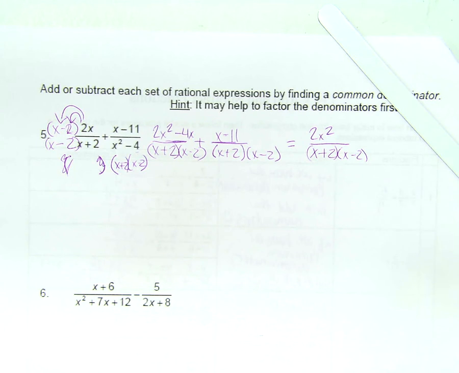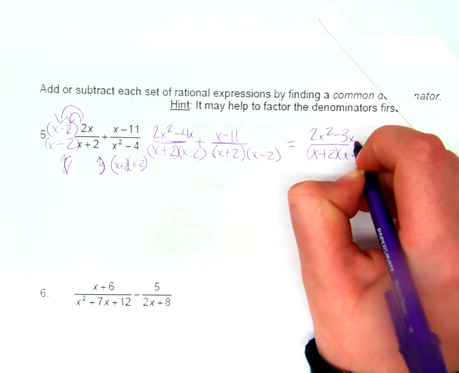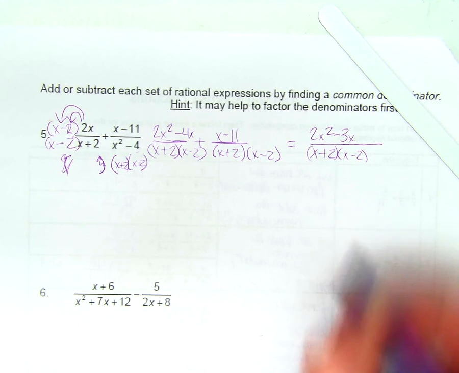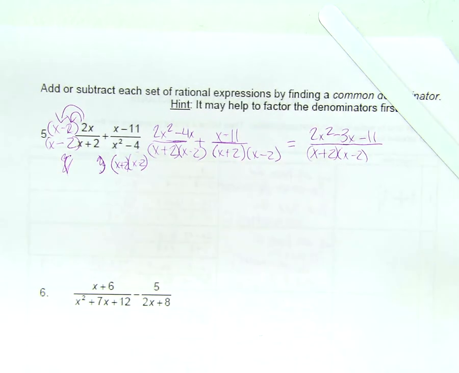Yes, we have to combine our like terms, right? So we have a negative 4x and an x. Write it. Very good. And then what? Negative 11. Perfect. Proud of you.